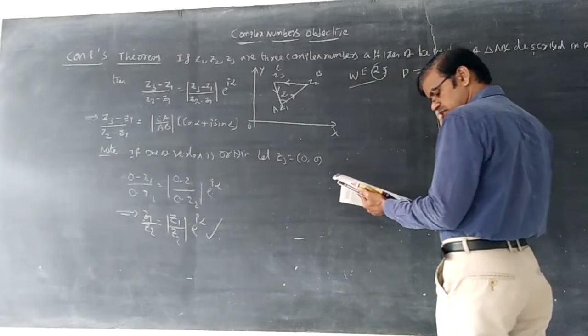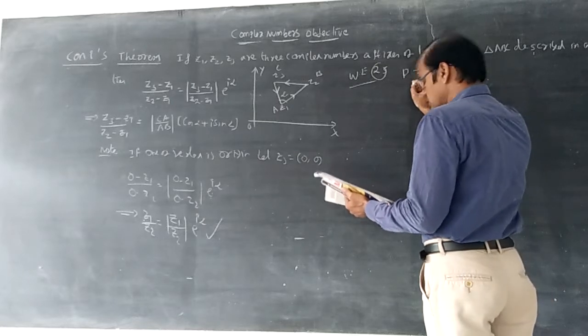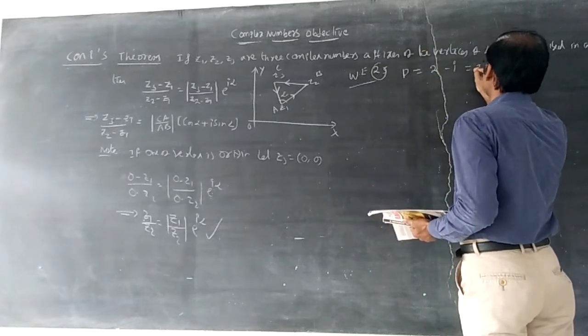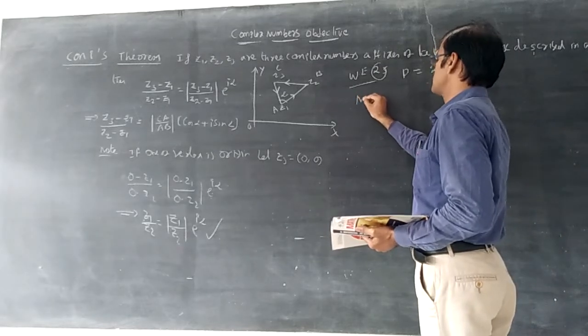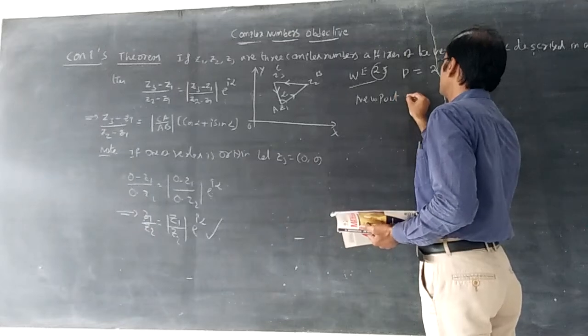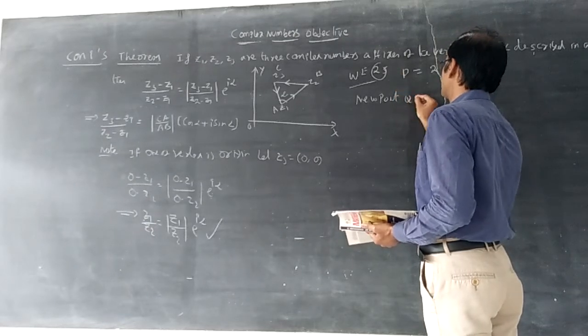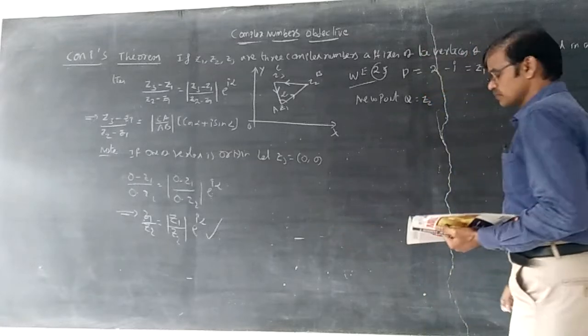What is the new position of the point? So P is equal to Z1, the old point. The new point, let us write Q, is equal to Z2.